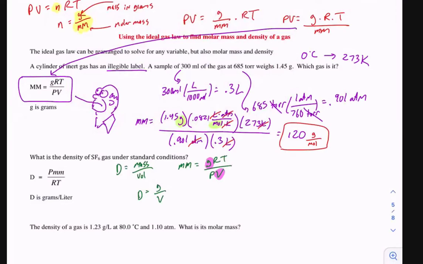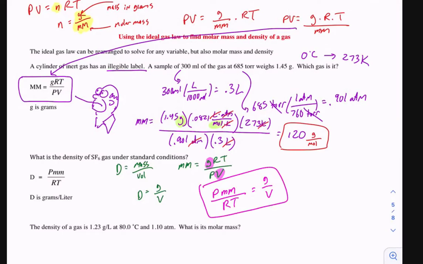So let's just do some manipulations here. I can multiply both sides by P, divide both sides by R and T, and I get G over V is equal to pressure times molar mass, which is divided by R and T, right?